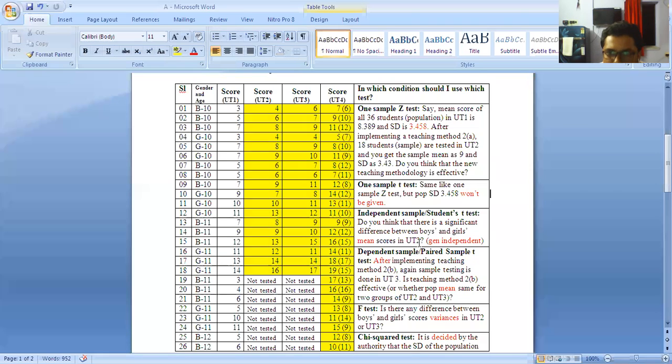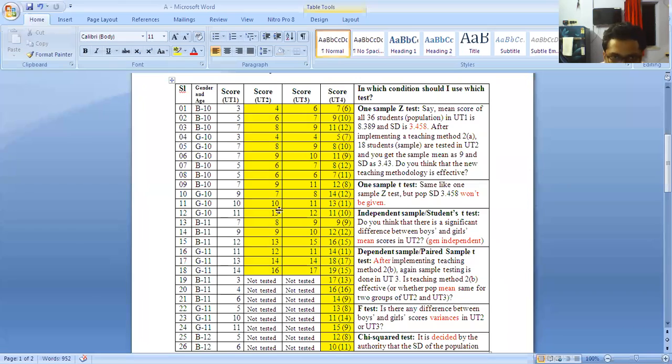This is very useful for drug oriented research work, because suppose you have discovered a particular drug, it is noticed what is the effectiveness of that drug.